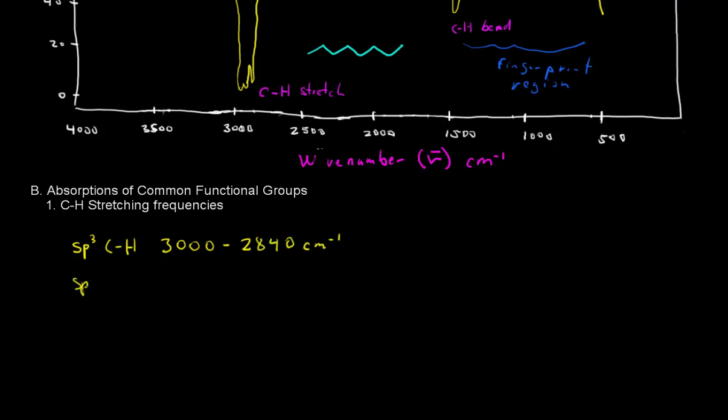As we go to sp2, the CH stretching frequency increases, and so with sp2 carbon bonded to hydrogen, we see frequencies above 3,000, from about 3,000 to about 3,100. And it goes even higher with sp hybridized carbons, where we see stretching frequencies in the region of about 3,260.